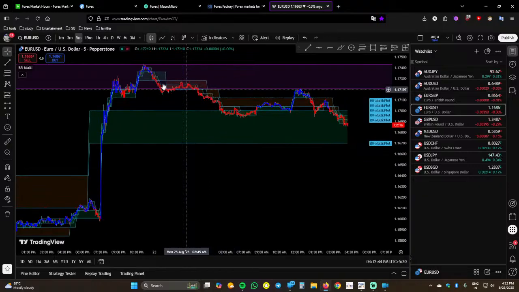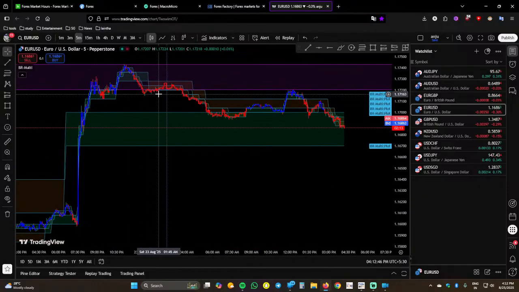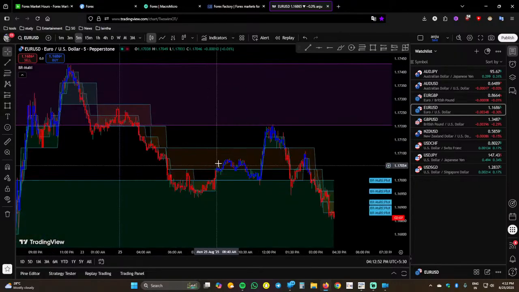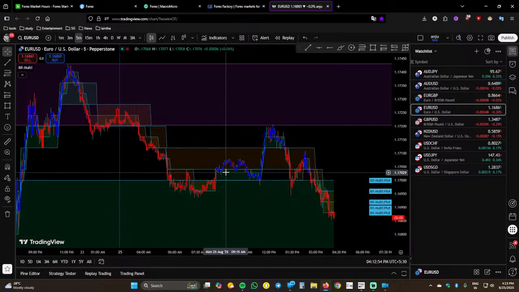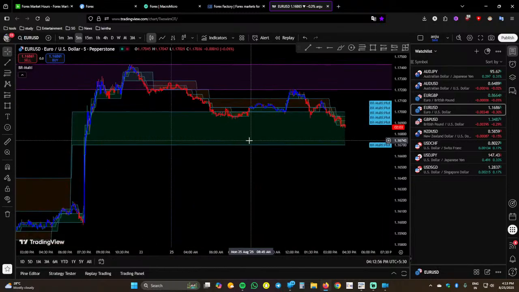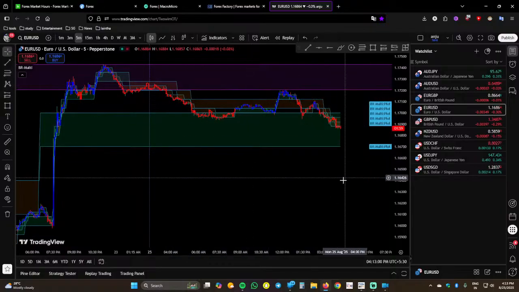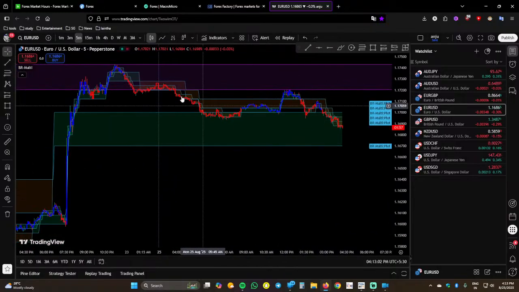Today morning, when the markets opened on Monday, we started seeing a downward momentum, and then we saw an upward push. But if you see the 15-minute Renko, it's still downwards, and we are still pushing lower.